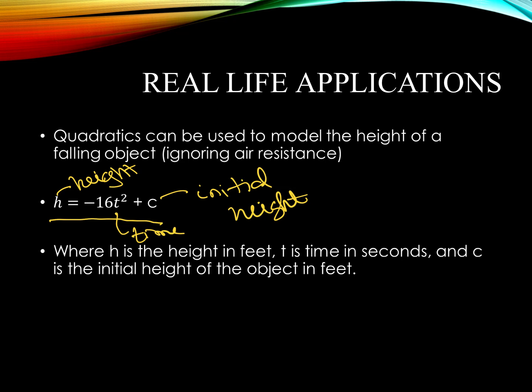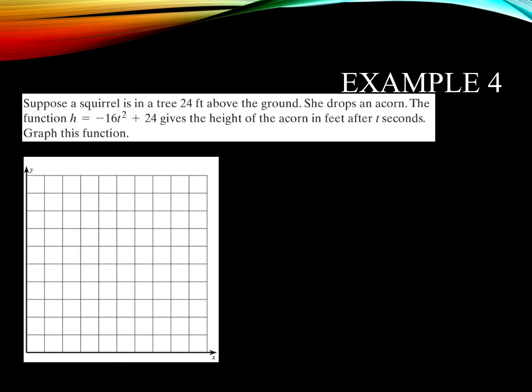So let's take a look and see how this is going to work. For example 4, it says, suppose a squirrel is in a tree 24 feet above the ground. She drops an acorn. The graph h equals -16t squared plus 24 gives the height of the acorn in feet after t seconds. We need to make a graph for this function.